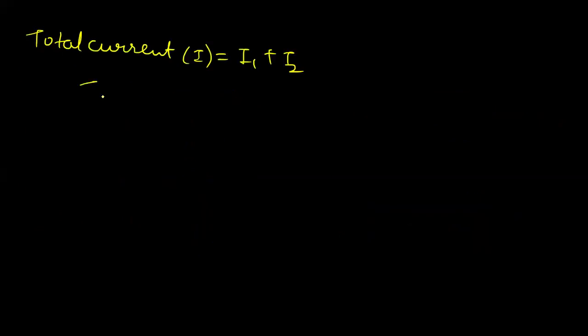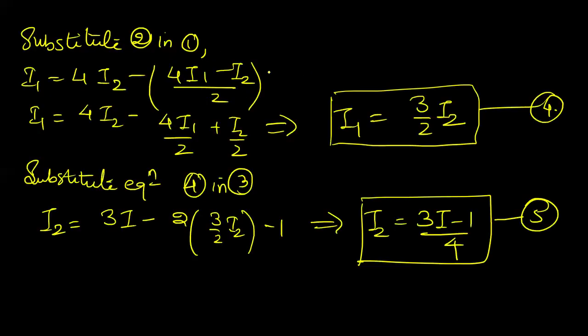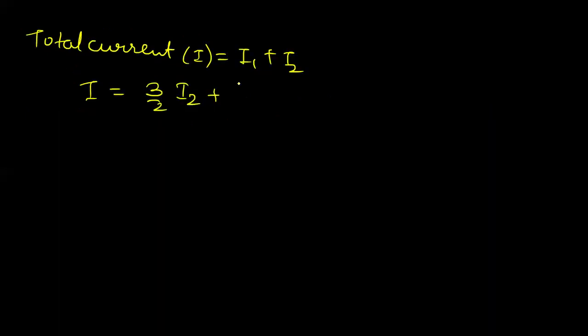So this will be written as I equal to 3 by 2 I2 plus I2, where the I2 value can be written as (3I minus 1) by 4. Just solve this 3 by 2 I2 plus I2.